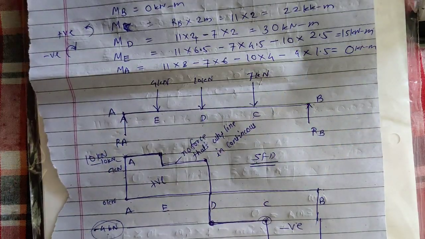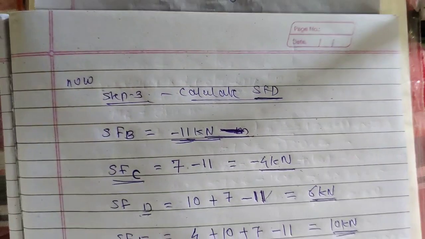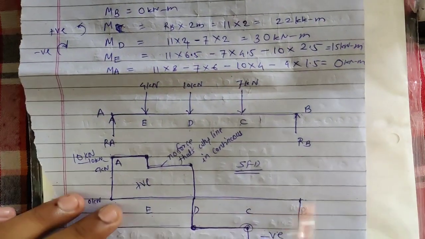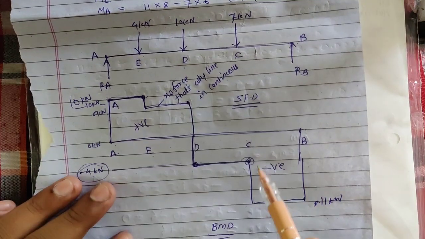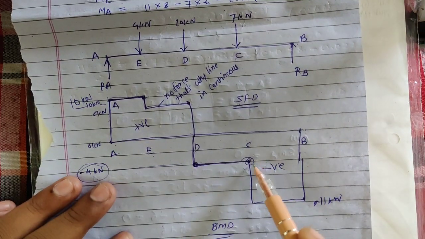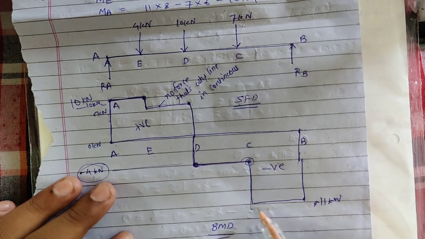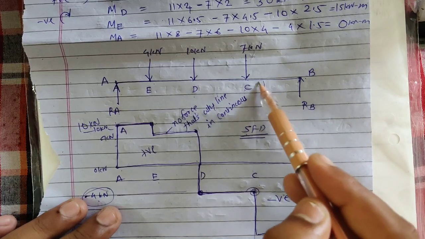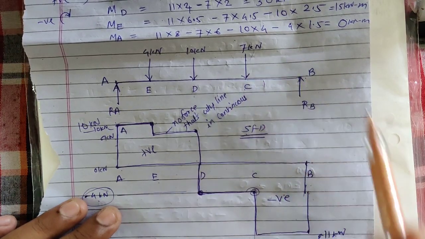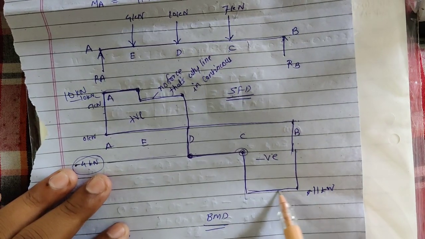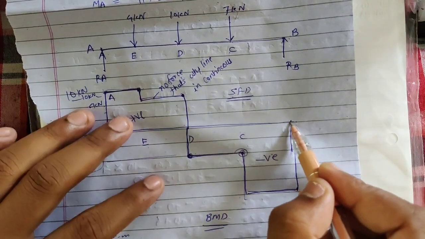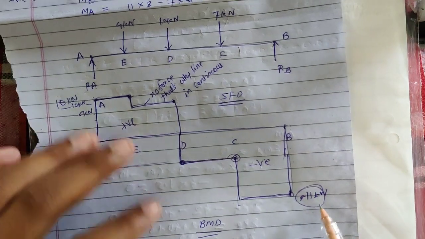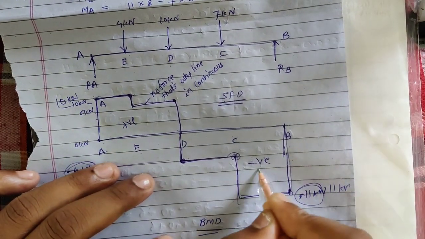And from C to B, we calculate shear force at B, which is equal to minus 11 kilonewton. From C to B there is no force between these 2 points, so my line is continuous, and at B the value comes out to be 11 kilonewton in the negative direction.